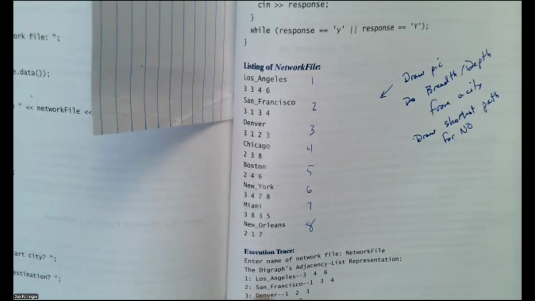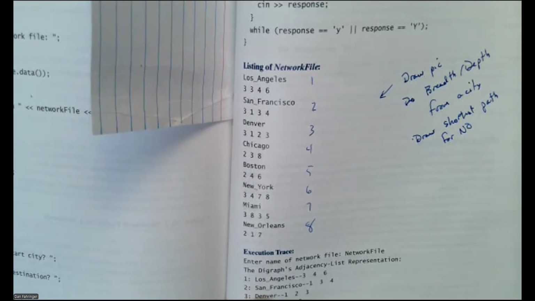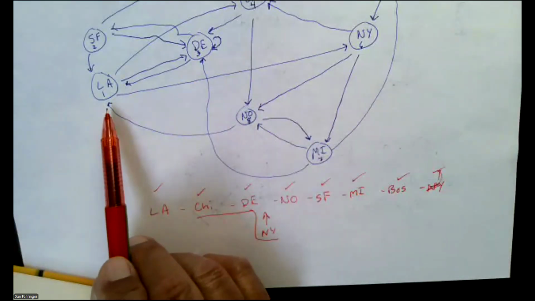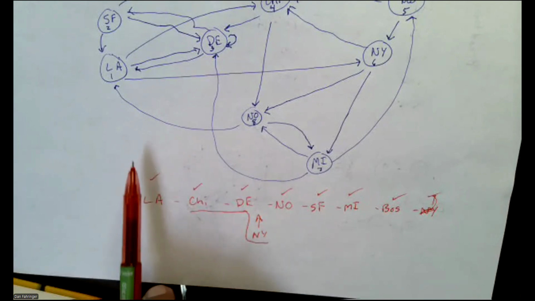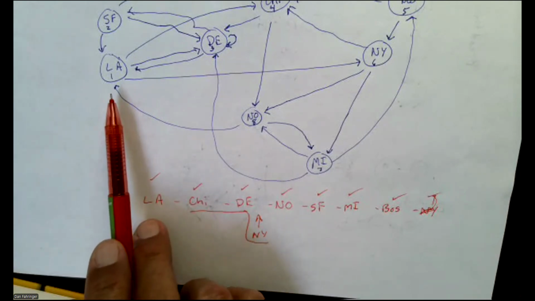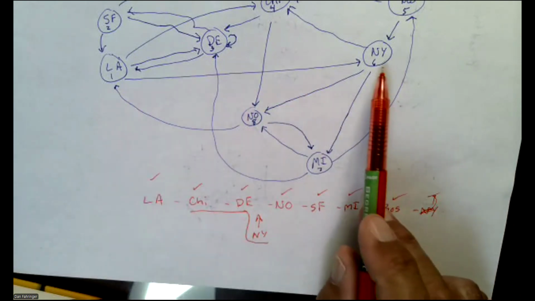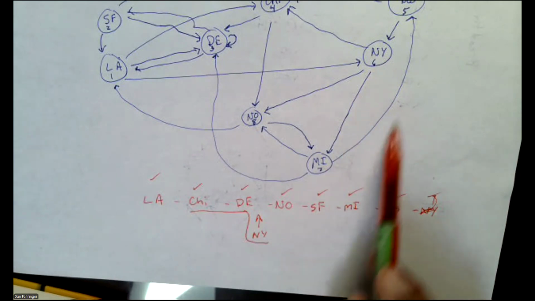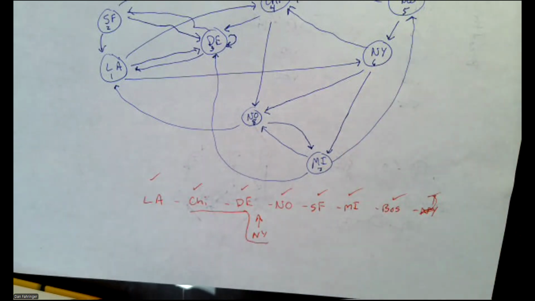I want you to get the shortest path working. What's the shortest path from LA to New York? Well, shortest path is one. LA to Boston, shortest path should be LA to New York to Miami to Boston. So it should be a shortest path of three.